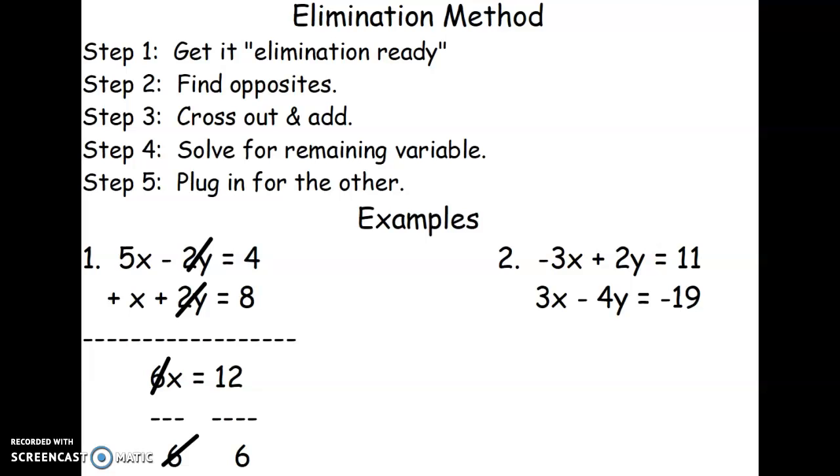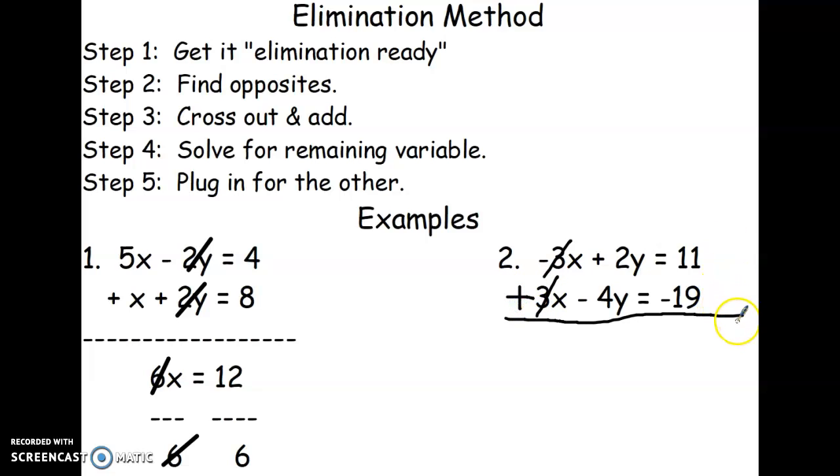So once you find opposites, what do you do? You cross them out and then you add. So, did you do this? Okay. Now that you've crossed out, you're ready to add. So let's go ahead and get ready to add.